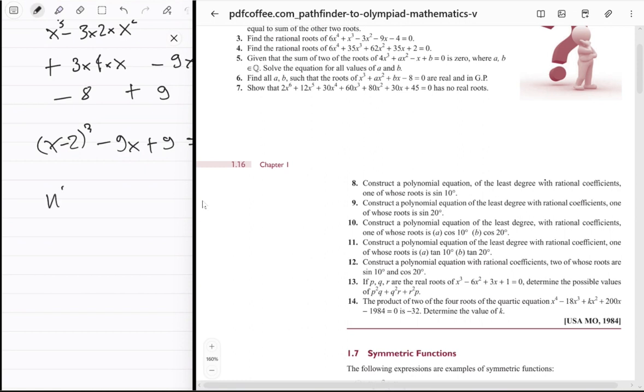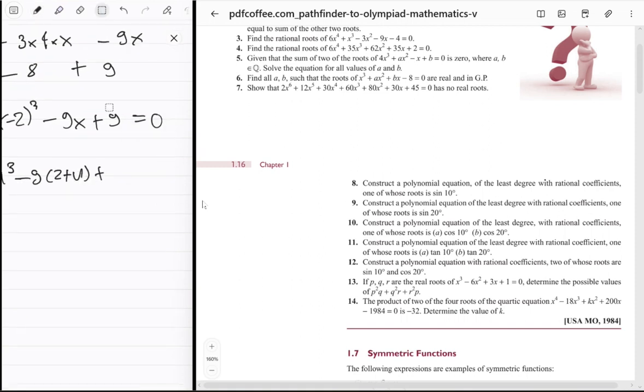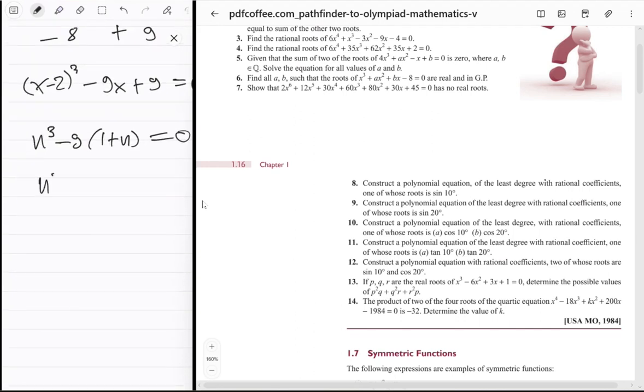So you got u cubed minus 9 times x, which is just 2 plus u, plus 9, or just let's say minus 9 times (x minus 1). So x minus 1 is just 1 plus u, right? That's equal to 0. So u cubed minus 9u, wow, that's not good, minus 9 is equal to 0.